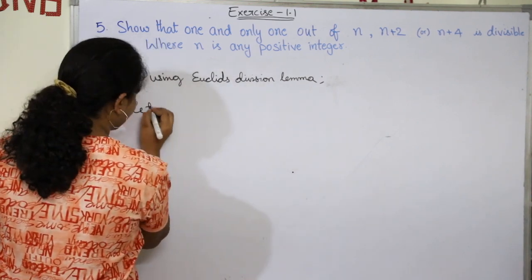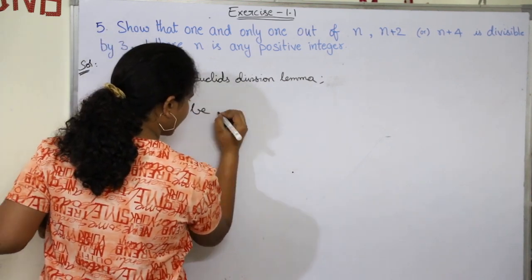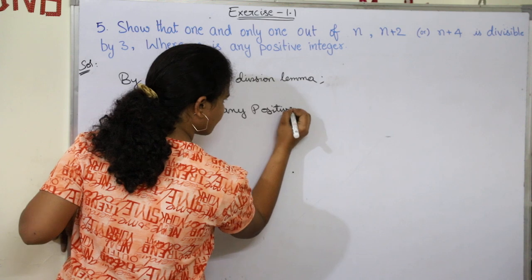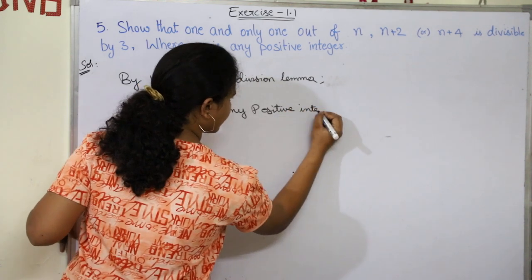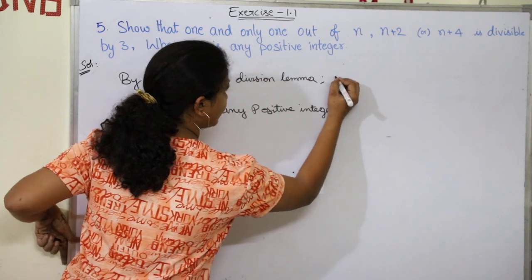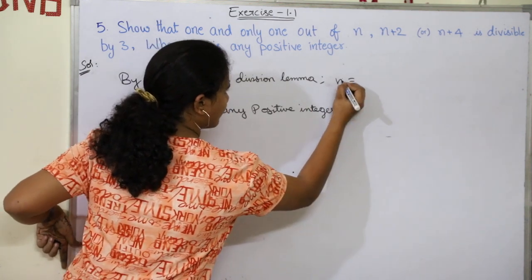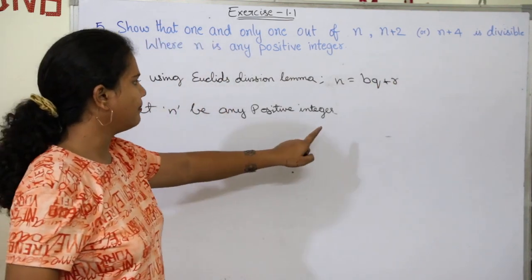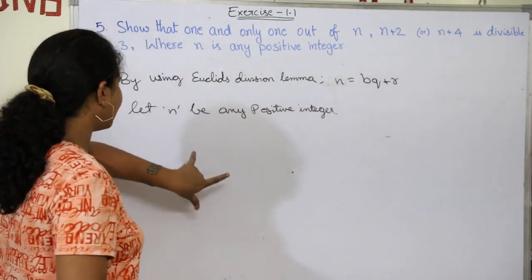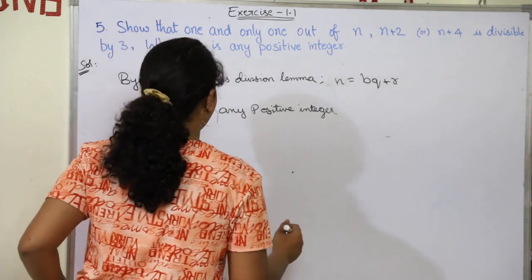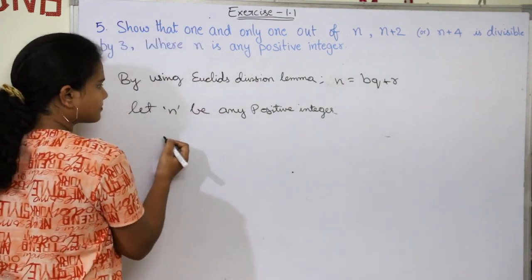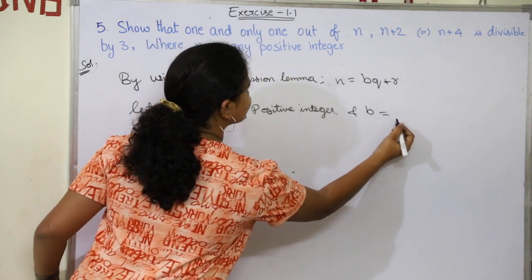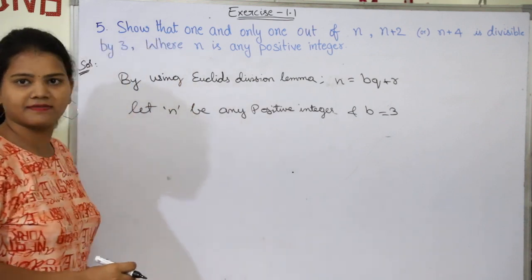So let this formula be n equals bq plus r, where n is any positive integer and b equals 3.